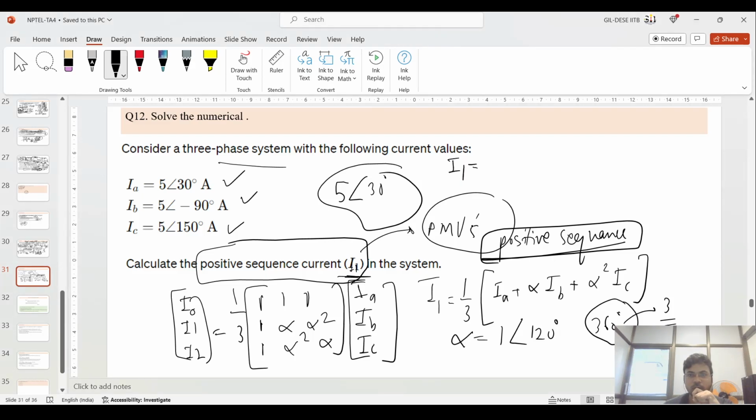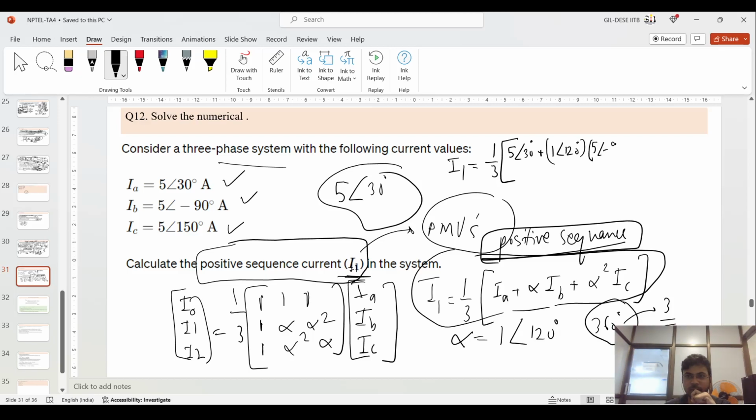Okay. Cool. Let's jump to the solution part. I1 is equal to this formula, 1 by 3 times Ia plus alpha Ib plus alpha square Ic. Ia means 5 angle 30 degrees, plus 1 angle 120 degrees multiplied by Ib, which is 5 angle minus 90 degrees, plus Ic, 1 angle minus 120 degrees as alpha square, and this 5 angle 150 degrees.